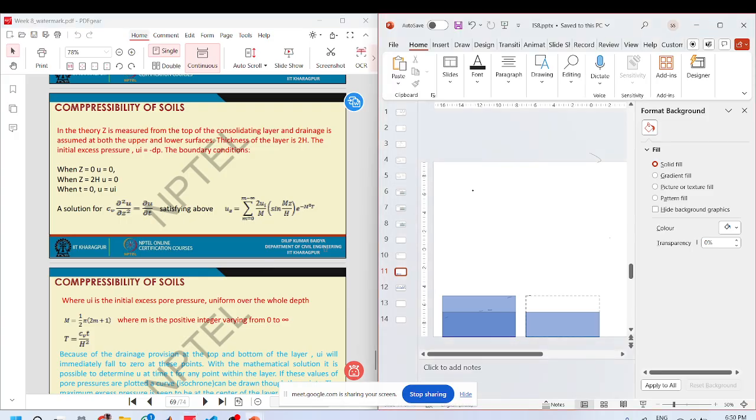Basically, what this solution will give you is, through the sample, your pressure head at, let us say, T equals 0, you will have a pressure head, and then this, this. So these are at different time stamps.